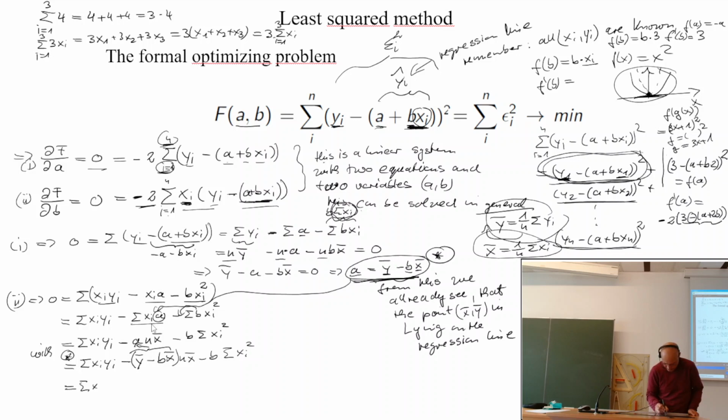So we go further: sum x_i y_i minus, and now we multiply this bracket. So n y bar x bar, minus times minus is plus, so plus b, here we have an n also, n and x bar, so x bar squared, minus b sum over x_i squared.